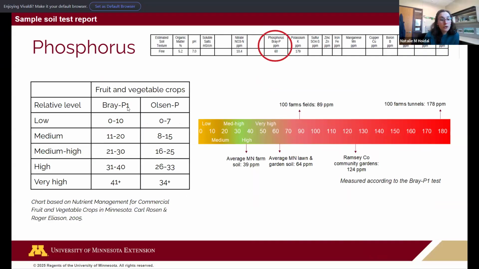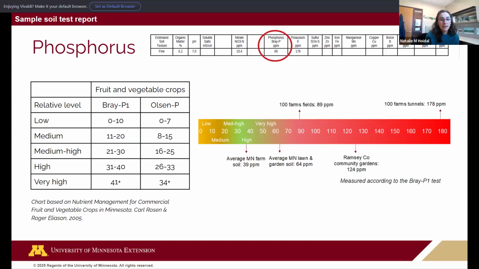So we have two ways of measuring phosphorus in Minnesota, and this is going to be based on the pH of your soil. So just purely from the laboratory, one test is more effective at accurately estimating when the pH is lower. That's the Bray test.